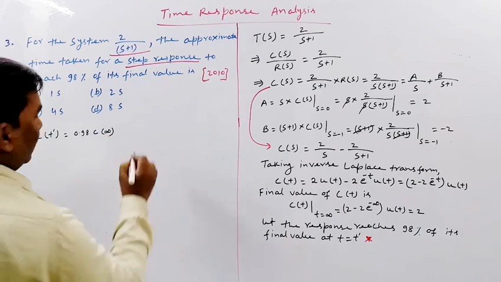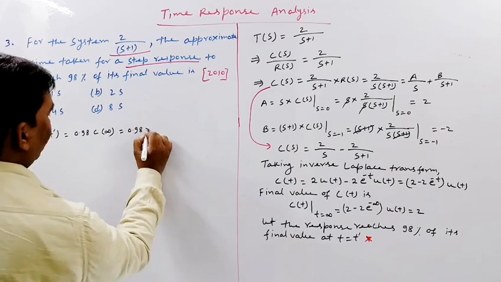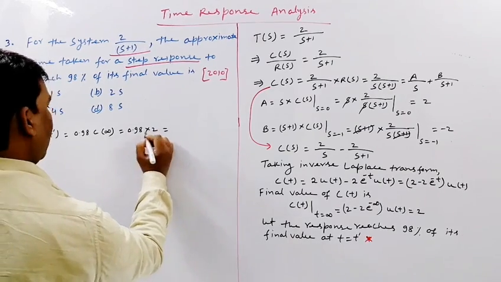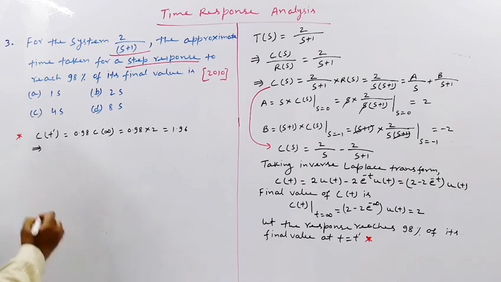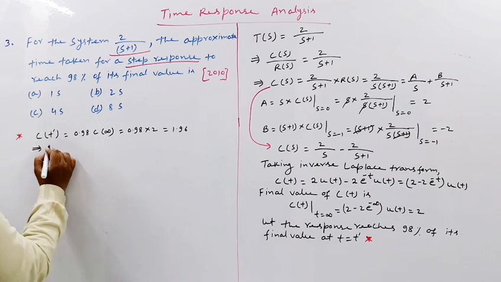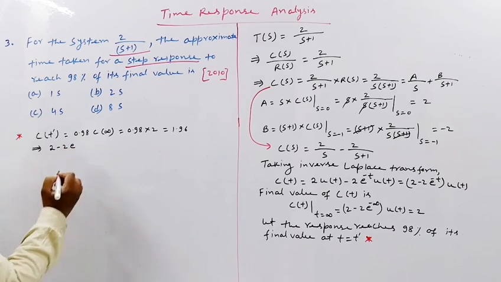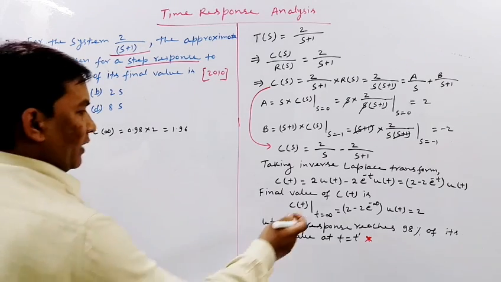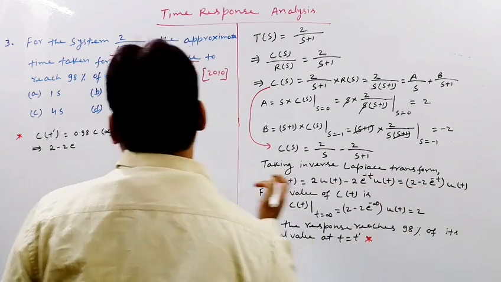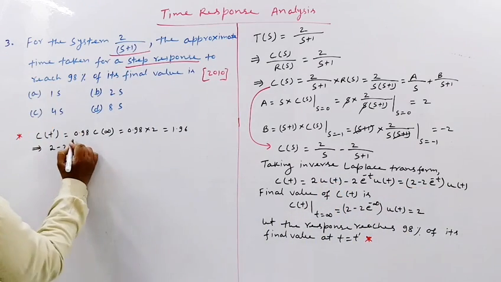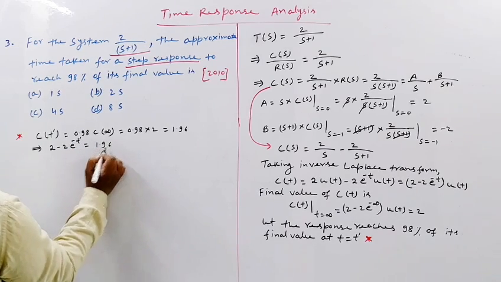So how much it will be? 0.98 multiplied by, what is c(infinity)? c(infinity) is 2 units. So it will be 1.96. Now what will be c(t dash)? c(t dash) will be 2 minus 2e to the power minus t dash, and it will be equal to 1.96.